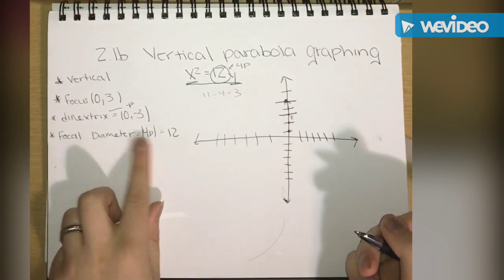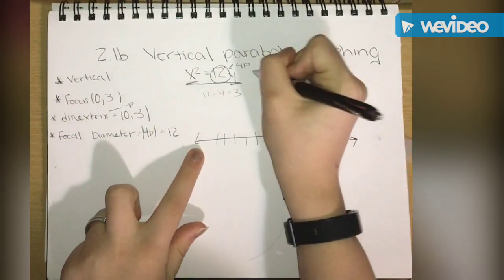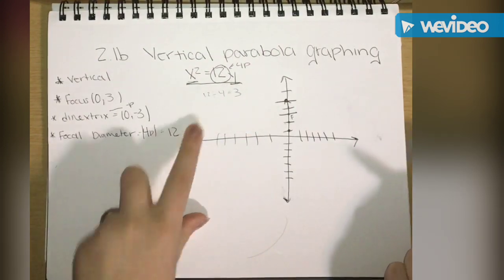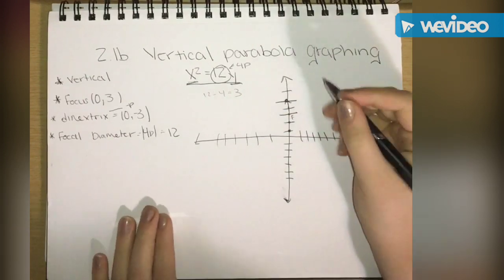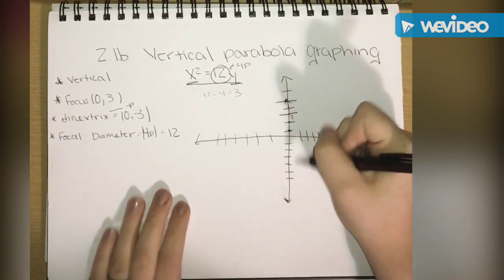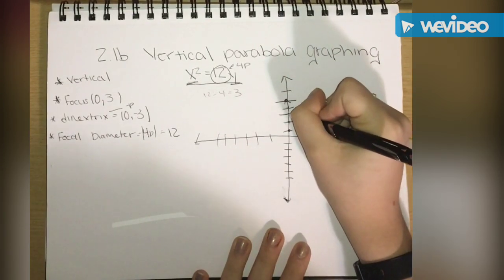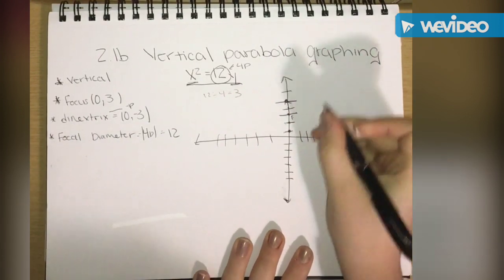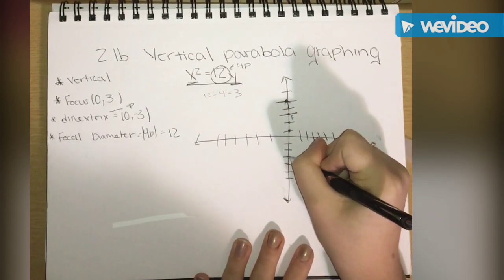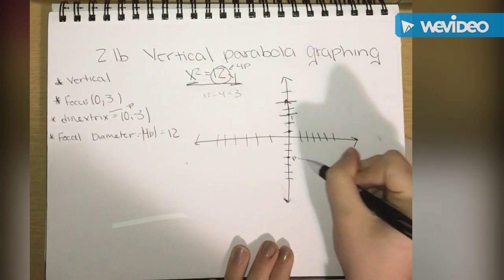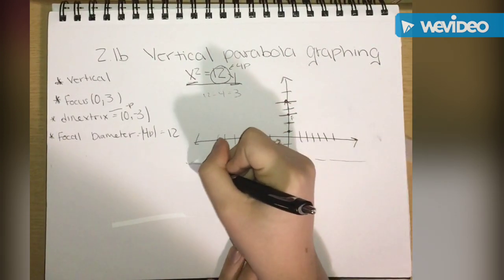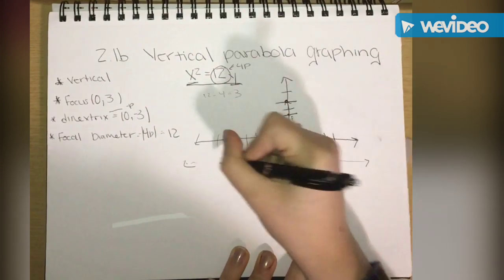The directrix is negative p, and 12 divided by 4, because it's 4p, is 3. And then we have our 12 for our focal diameter. The vertical one is just like the horizontal, but basically flipped. You can do your focus, and then your directrix. Remember to do that dotted line, just so you know not to pass that line.